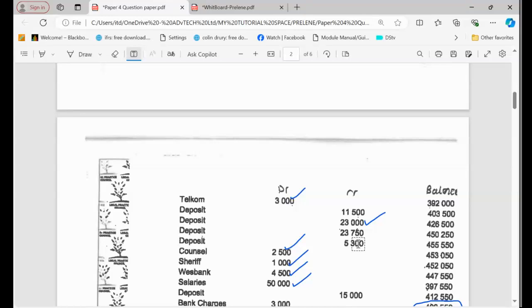I'm talking about the errors found on the bank statement. This is the bank statement, it's not the cash book. Any error that you find on the bank statement, you can only correct that error in the bank reconciliation statement. But if the errors are found in the cash book, those errors must be corrected in the cash book. I don't know if you got my point.